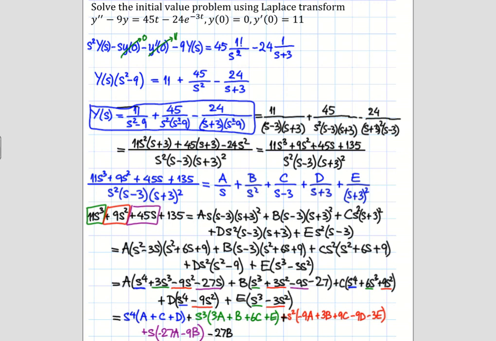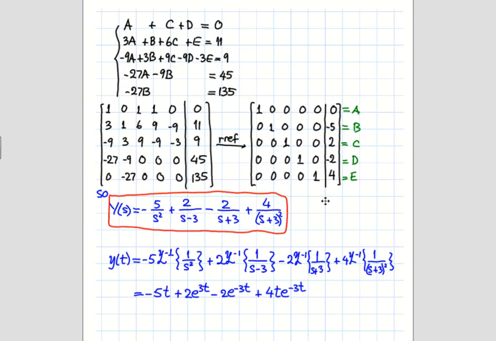Then we combine the right hand side into just one big fraction, because that one big fraction we will decompose into little fractions using partial fractions. The calculation is what we have here on this page. For the next page, we just solve that system of equations.